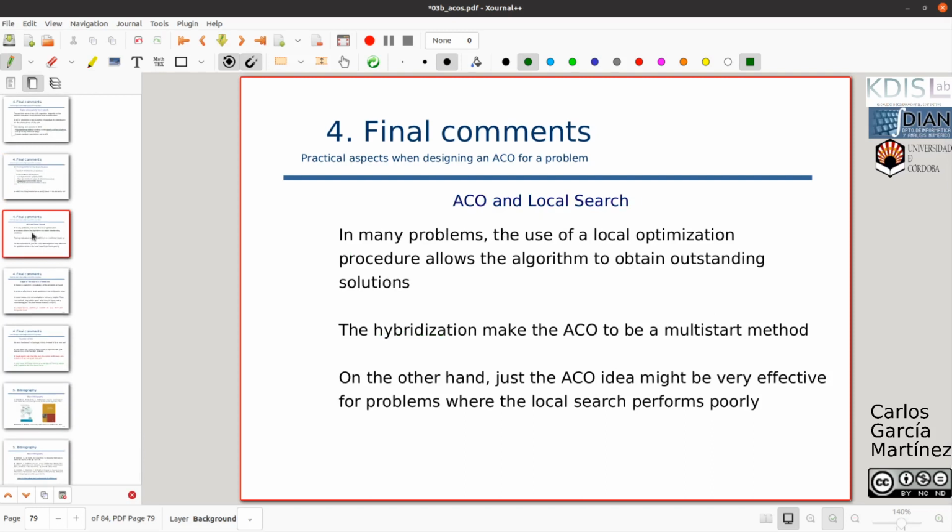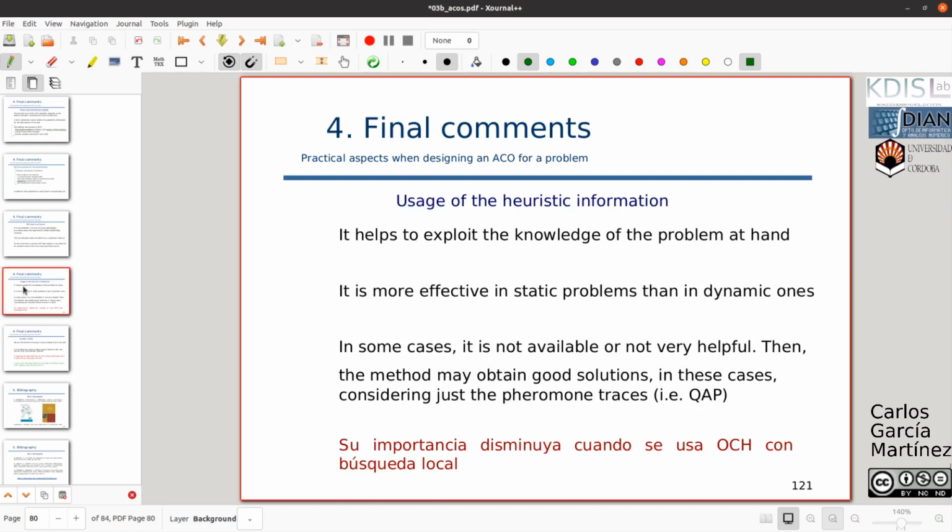It is very usual to combine ant colony optimization with local optimization. And in contrast to other algorithms, in contrast to GRASP, ant colony optimization applies memoristic information.